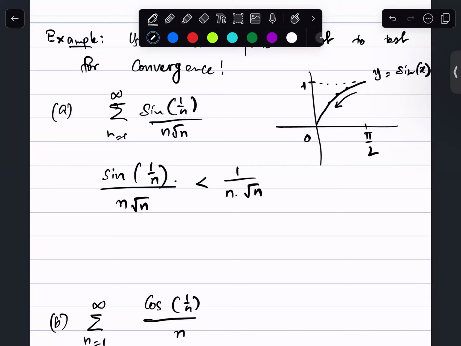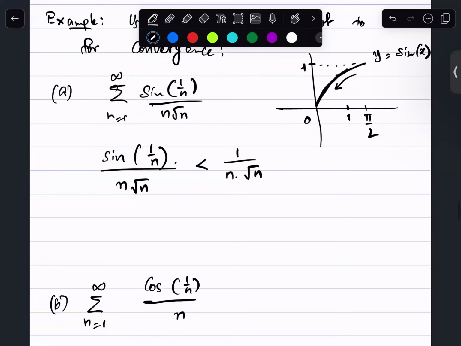Because sine 1 over n will always be less than 1, right? All of the values of sine 1 over n lie within the possible range from here to here, and obviously that is less than 1.